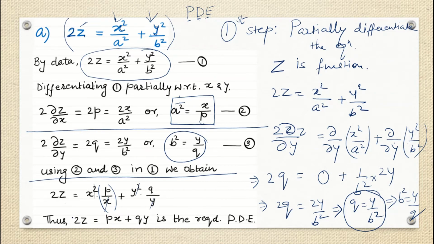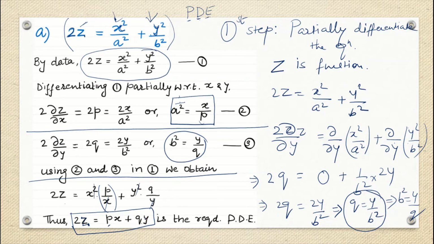Okay, but is this my required partial differential equation? As per the definition of partial differential equation, yes, the equation is containing the multivariable function, not necessarily the function will always be present, but if it is present, that is also okay. And it is containing the relation between partial derivatives of that multivariable function.